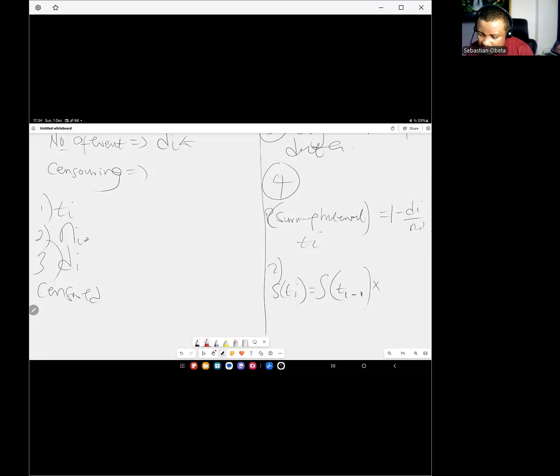That is the whole of this. So for the first time of events, that's t_1, it's going to be 1 multiplied by 1 minus D over N.